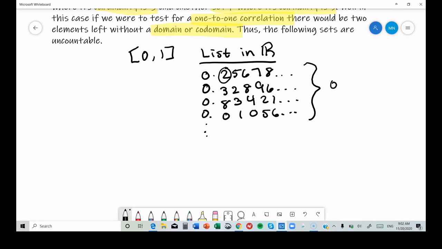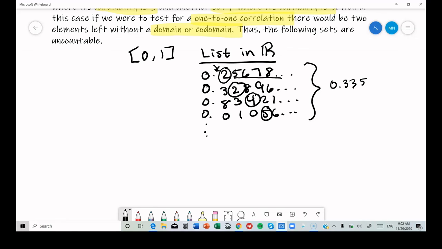Let's say I take this number. So I have 0, and add 1 to it. So 0.3. I don't care about these anymore since I'm going diagonally this way. So then I take this number, I add another one. This number, another one.